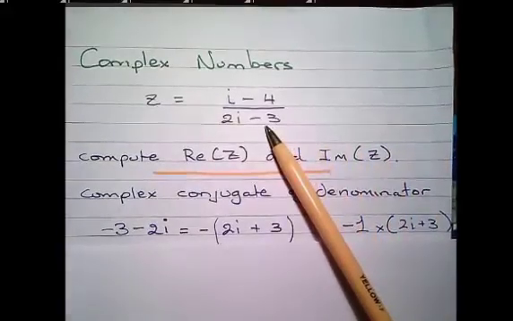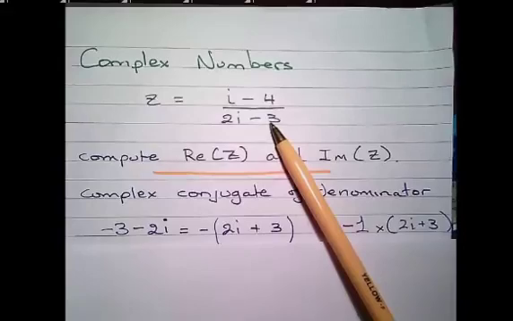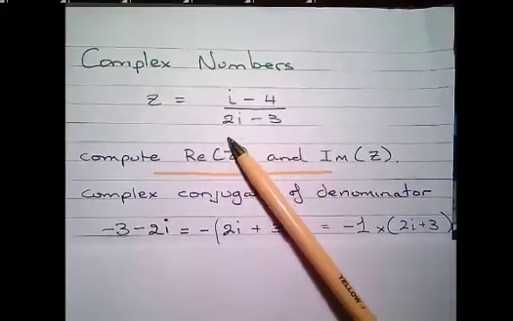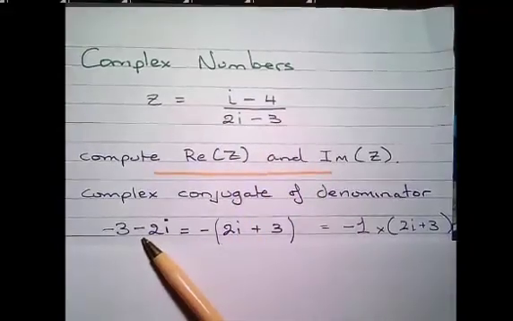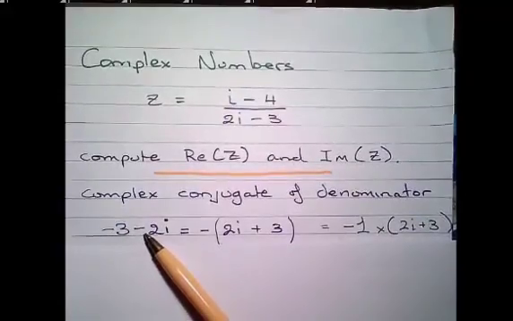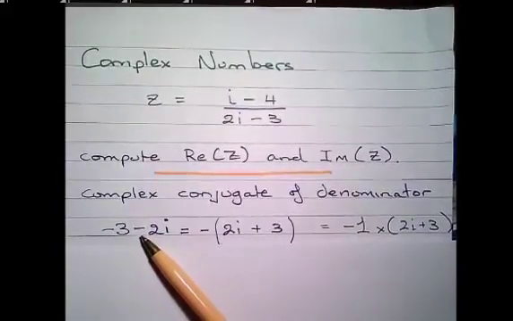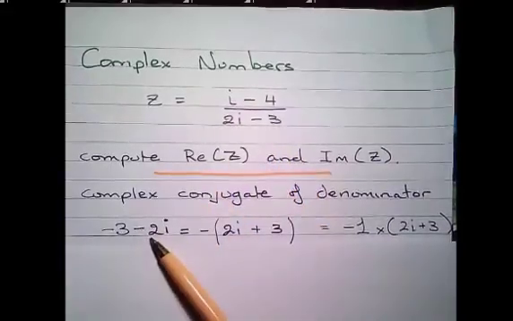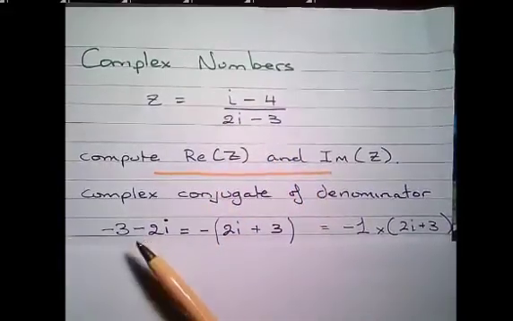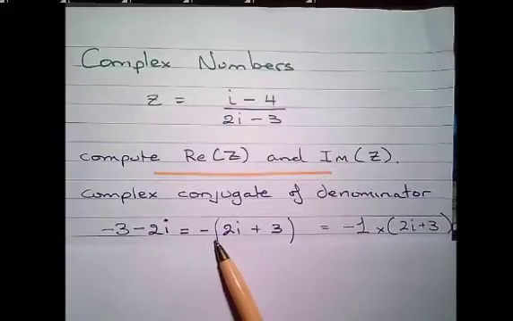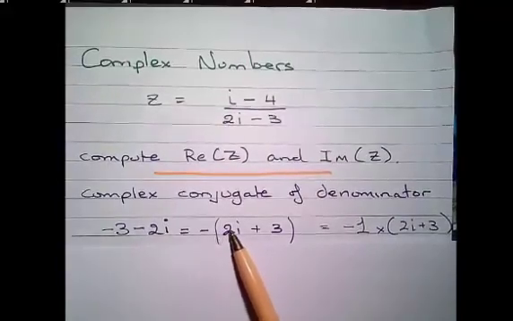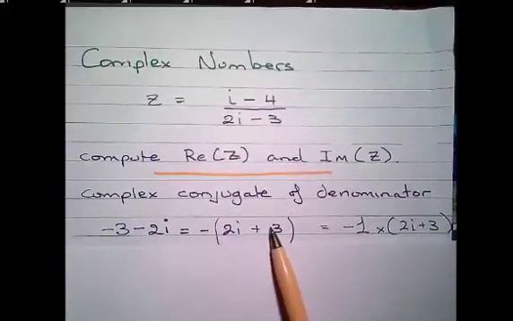So this is the denominator, and if we stated it in the conventional form, it would be minus 3 plus 2i, okay? So we put the real part first, then the imaginary part. And to get the complex conjugate of that, we would change the sign of the imaginary part. So plus 2i becomes minus 2i, okay? Now, you can re-express this as minus 2i plus 3, okay?